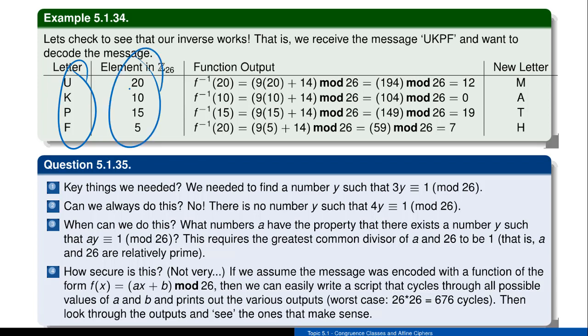The idea is that U is 20, K is 10, P is 15, F is 5, and then feed those 4 little numbers into my inverse, and see that it's going to kick out those numbers 12, 0, 19, and 7, which we know connect back to the letters of math, M-A-T-H. So my function does exactly what it's supposed to. My original function f took m to u, and now my inverse is going to take u and send it back to m.